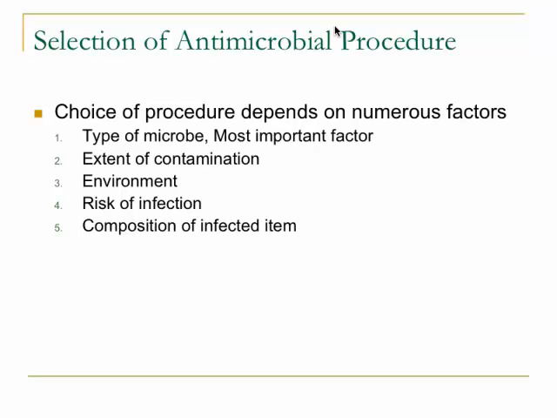Or even in the case of heating items like autoclaving, heating with moist heat, a steam at high pressures, if you wash the item beforehand, you're reducing that level of contamination so that a much shorter cycle is necessary to achieve sterilization.